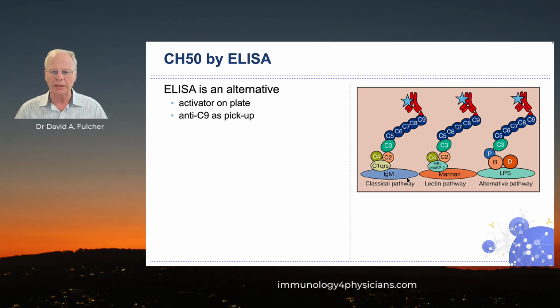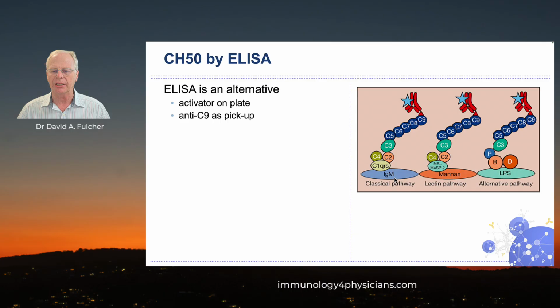So here we use an ELISA on a plate, and we add an activator. Once the activator is on, the rest of that pathway will assemble as we have outlined, and then you can come in with an antibody to the final component, and that antibody will only detect anything if all those components are intact.